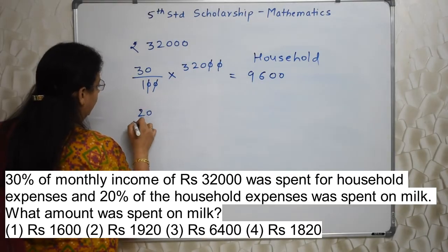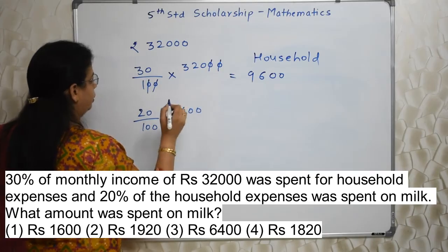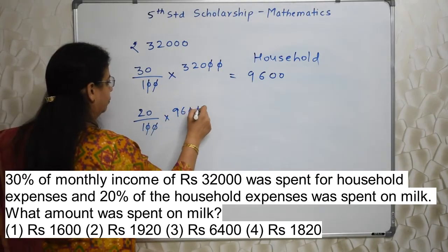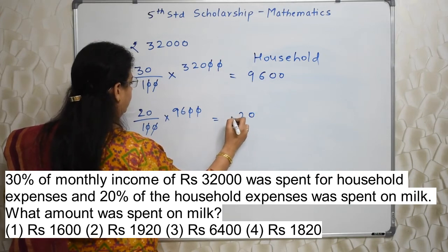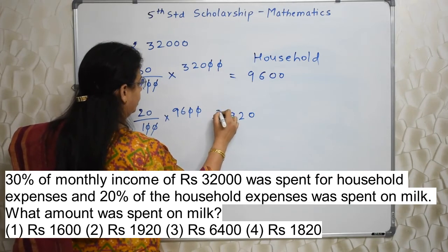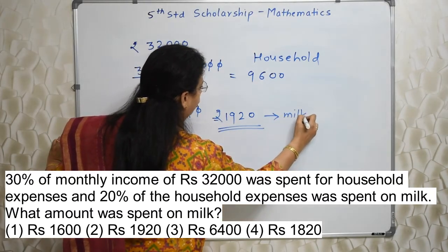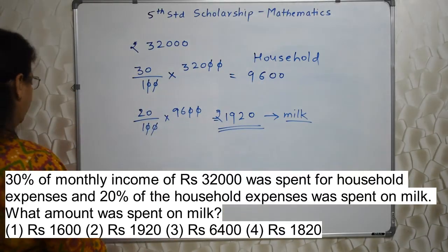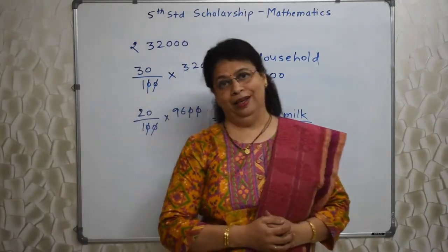So 20% of 9,600 is spent on milk. So let's calculate. Rupees 1,920 is spent on milk. It was just based on the concept of percentage. Very simple sum, but I have taken it because I want you to be clear about percentage. Okay, let's move ahead.